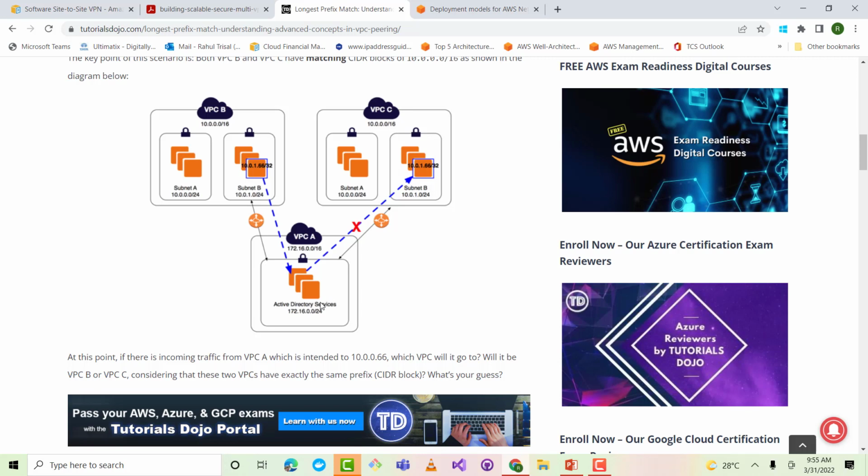Now let's assume that there is traffic that needs to be routed to this IP 10.0.0.66. So where would that traffic go? Would it go to VPC B or VPC C? Because both have exactly the same subnet and VPC CIDR range, and this falls into both VPCs.